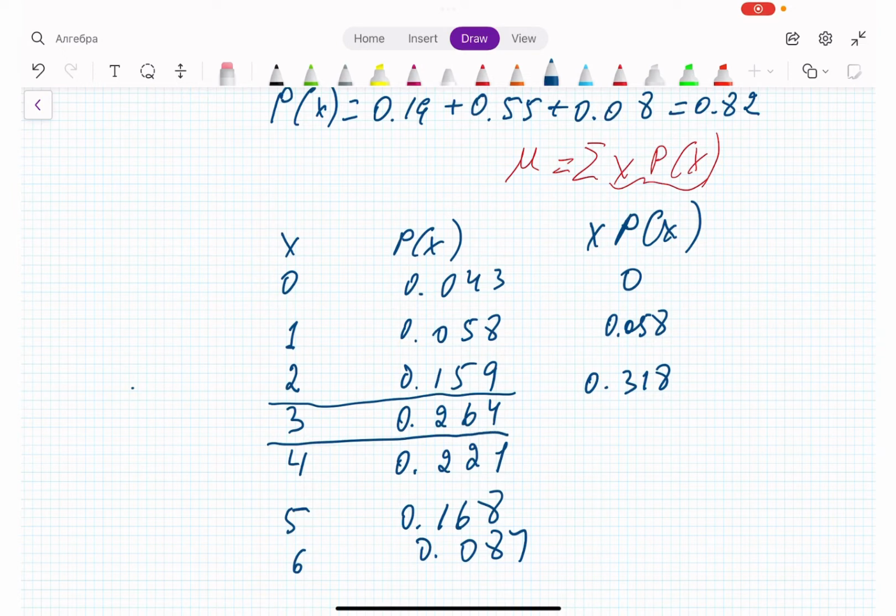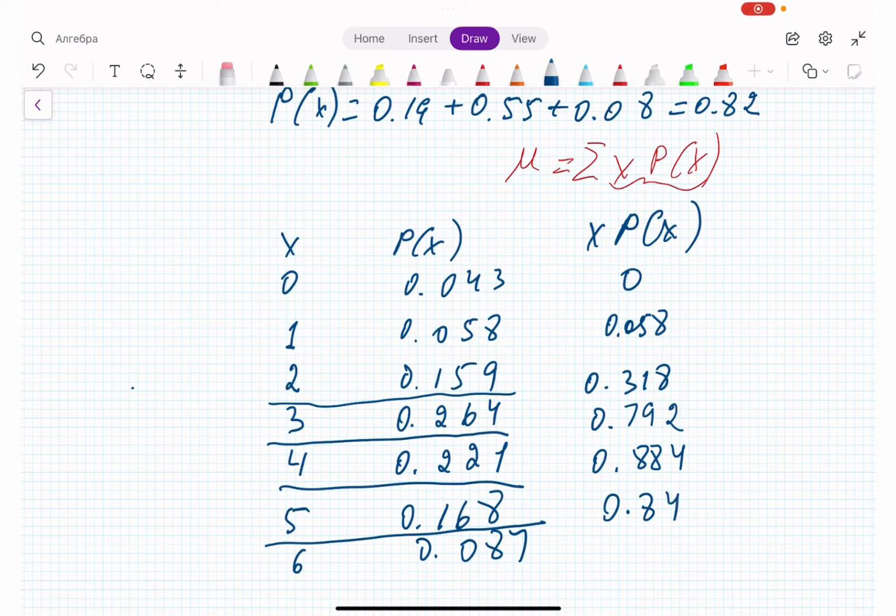Next, 3 times 0.264 is 0.792. Next, 4 times 0.221 is 0.884. Next, 5 times 0.168 is 0.84. And lastly, 6 times 0.087 is equal to 0.522.